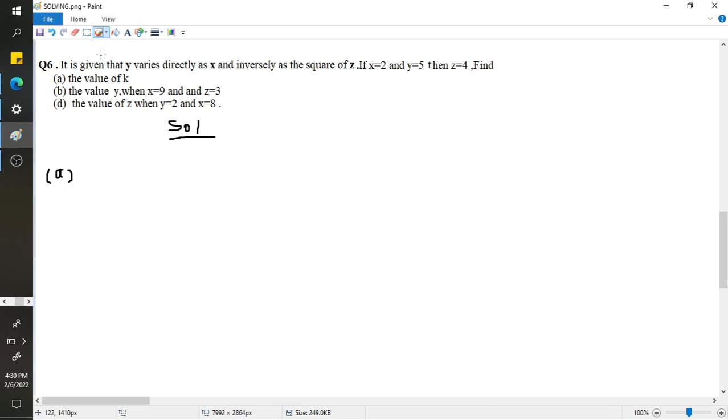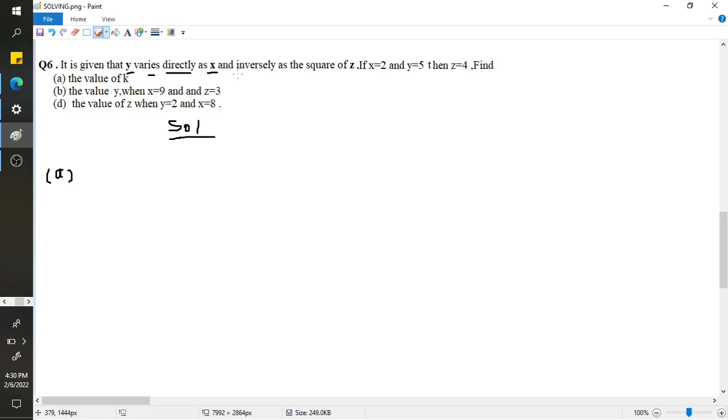Okay, so we can solve question A. Now let's read the question so that we can interpret it. It says y varies directly as x, and inversely as the square of z. Keywords there: y varies directly as x.